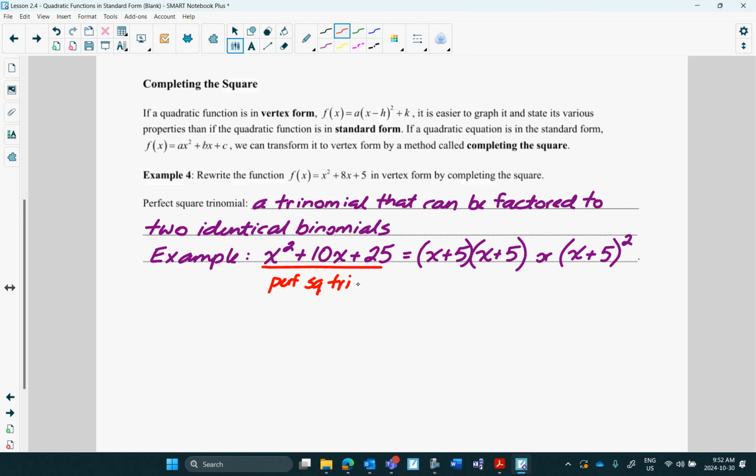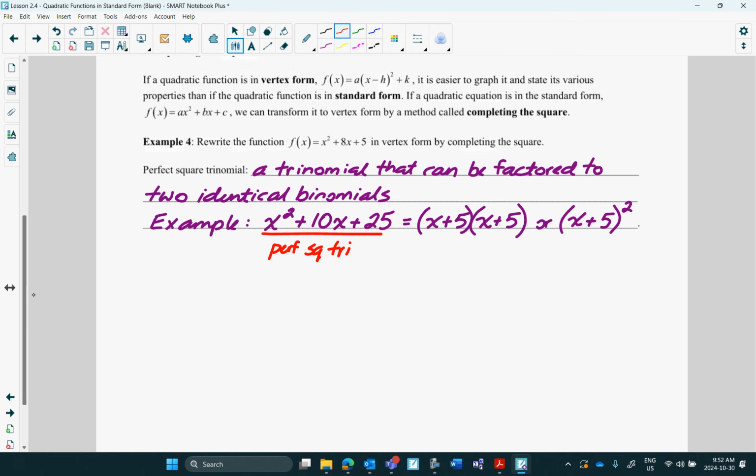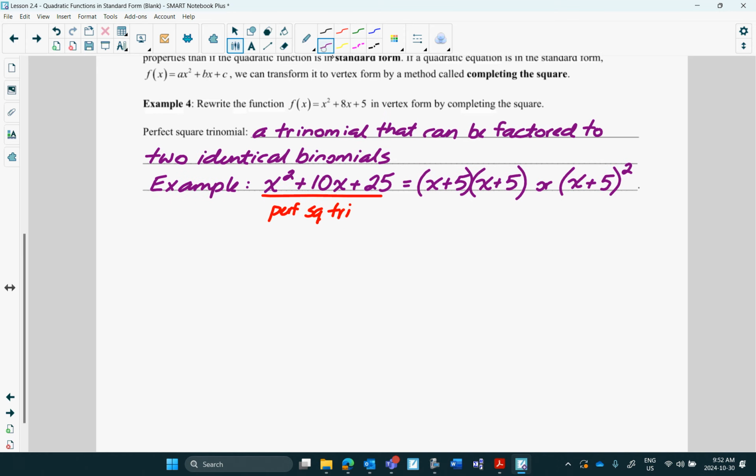And why do we need to know how to do this? Because if you look at this, this is part of vertex form of the quadratic function. Now, the not so nice thing is when you're given a function in standard form like this, it's not a perfect square trinomial.